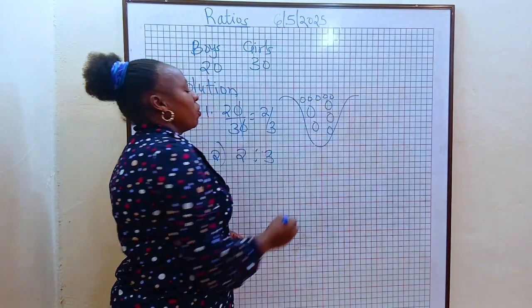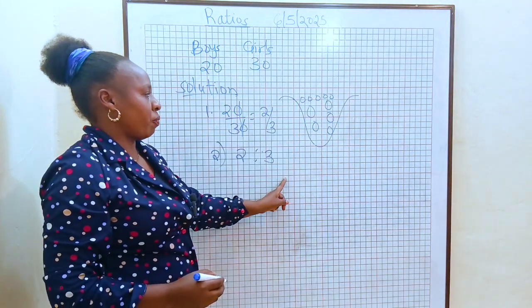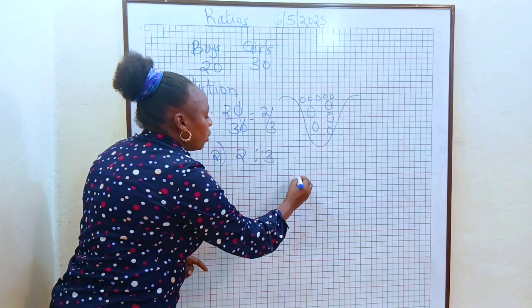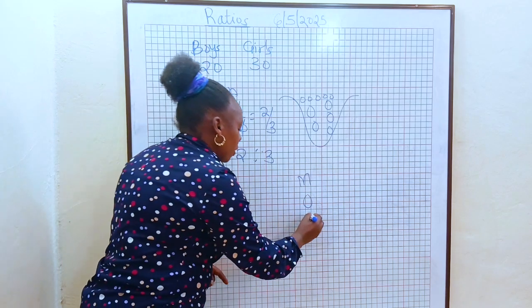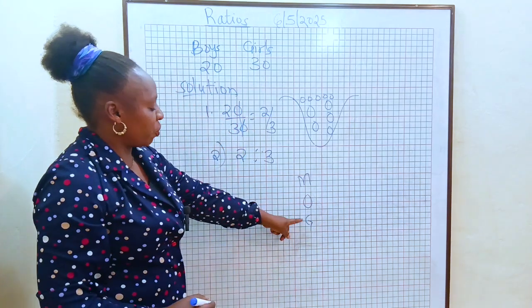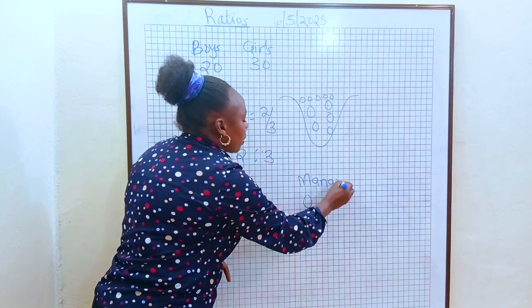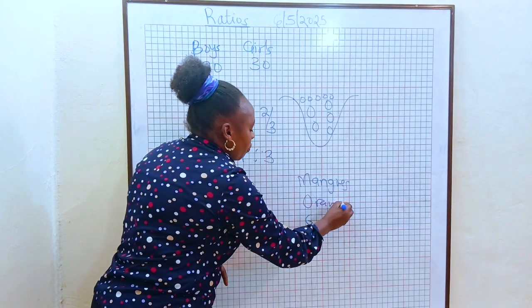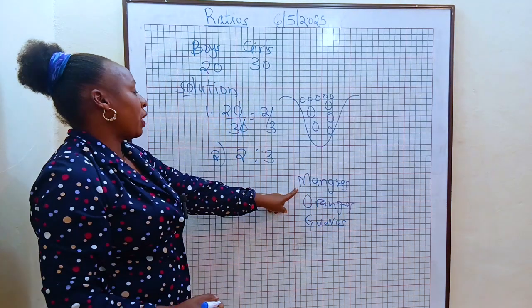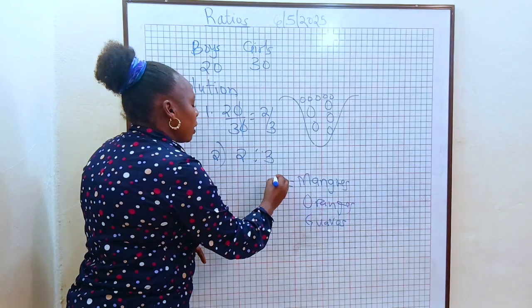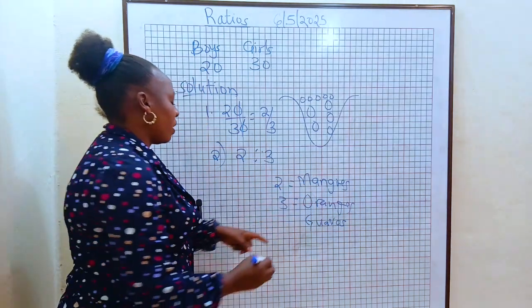So our basket contains 3 different types of fruits: mangoes, oranges, and guavas. So the mangoes are 2, the oranges are 3, and the guavas are 5.